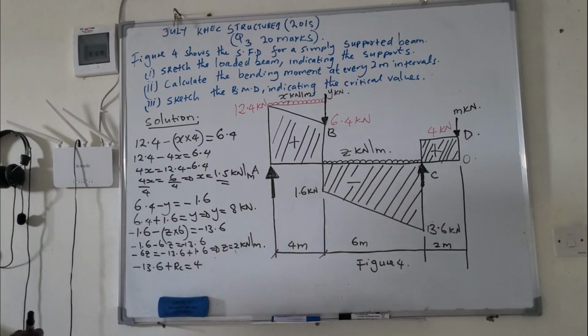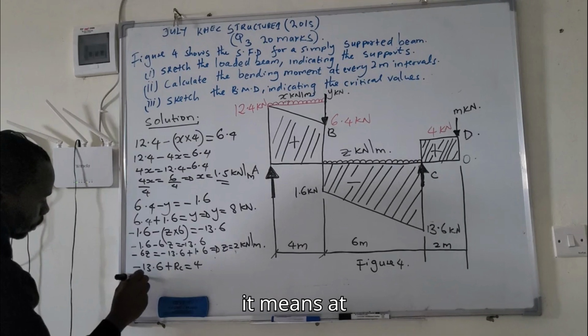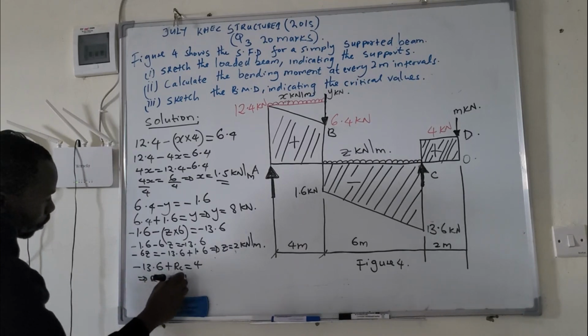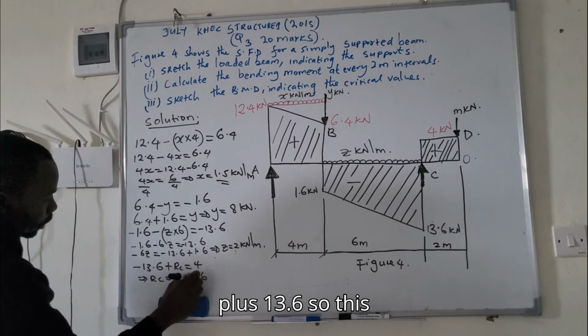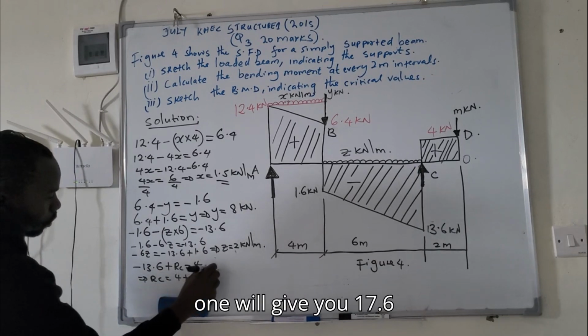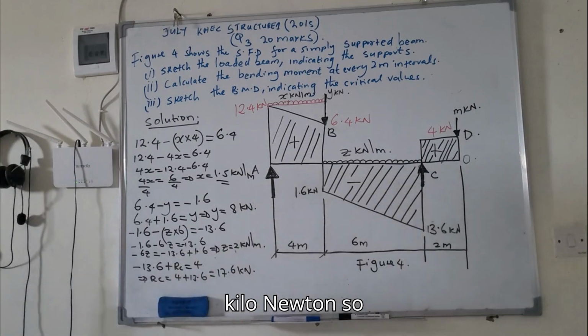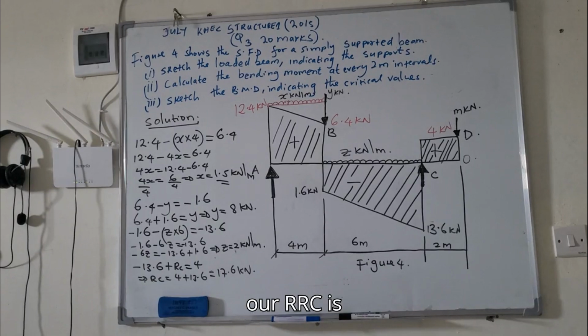It means C equals 4 plus 13.6. So this will give you 17.6 kilonewton. So our RC is 17.6 kilonewton.